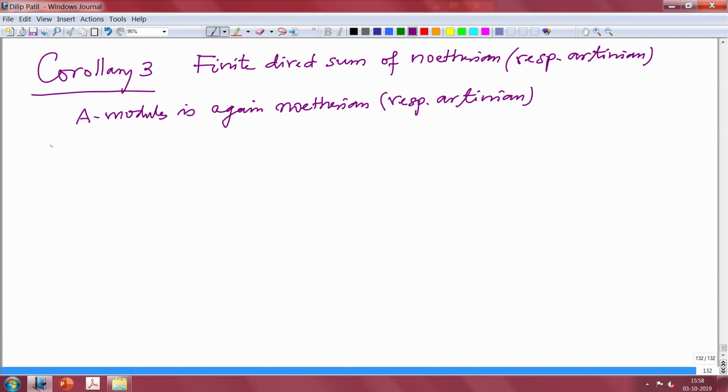Again, for the proof we will only prove Noetherianness. Artinianness will follow from the duality principle.